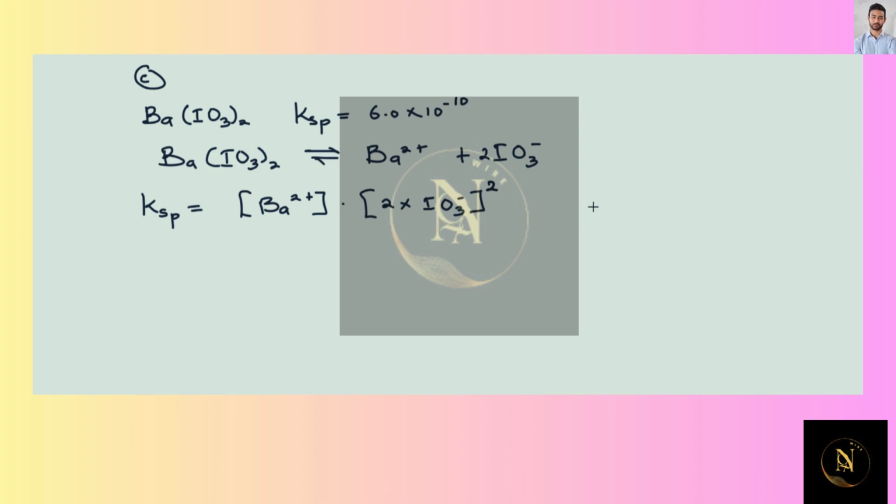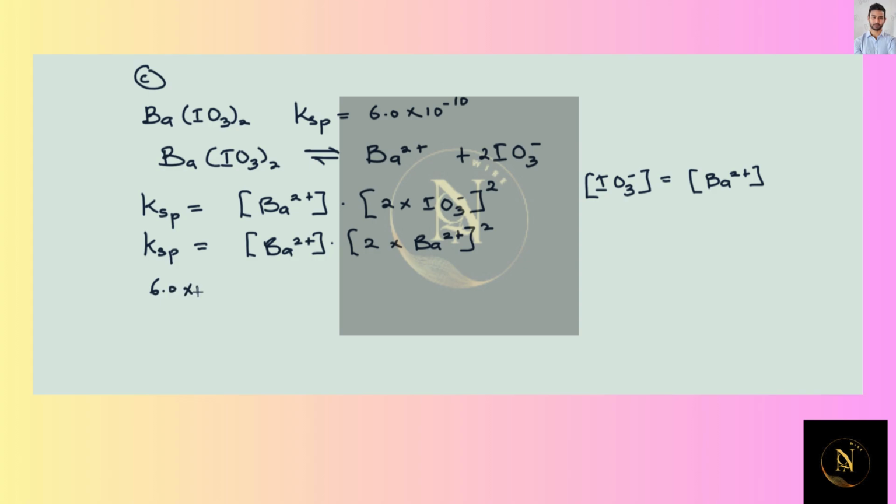So from this, we can assume that IO3 minus concentration is equal to Ba2 plus concentration. If that's the case, then we can write the KSP expression by substituting Ba2 plus in place of IO3 minus. So we're going to have Ba2 plus multiplied by 2 multiplied by Ba2 plus all squared. Now, we know that the KSP is 6.0 times 10 raised to the power minus 10.